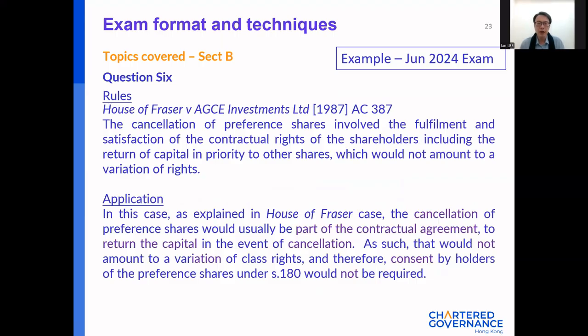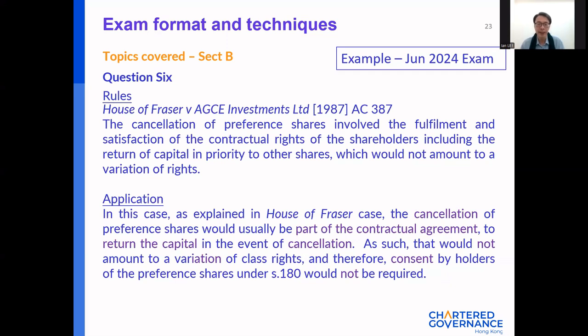The cancelling of preference shares involved the fulfillment and satisfaction of the contractual rights of the shareholders, including the return of capital in priority to other shares, which would not amount to a variation of rights. So what it's saying is, you can understand the agreement is to issue preference shares in return for some money.